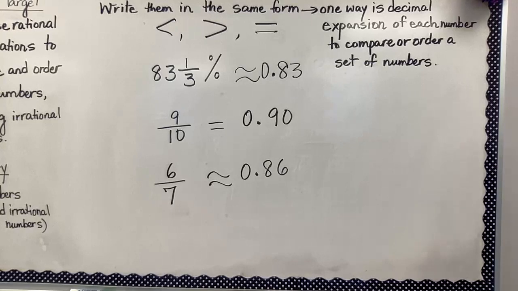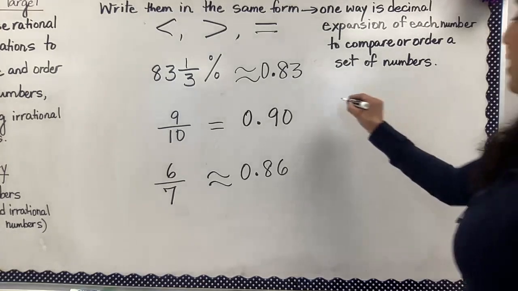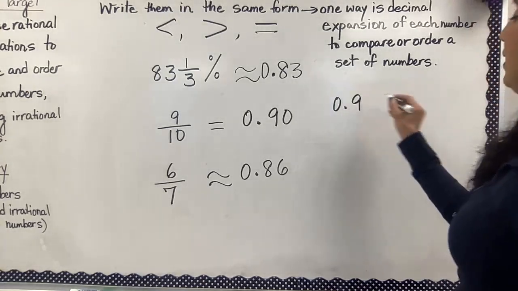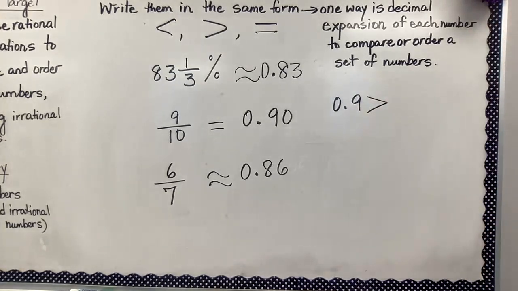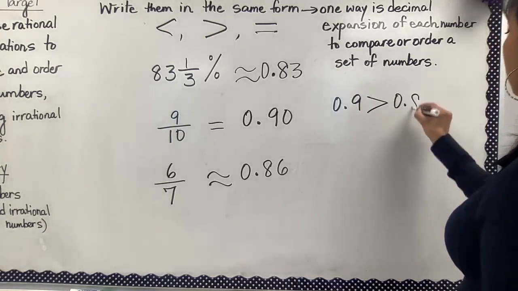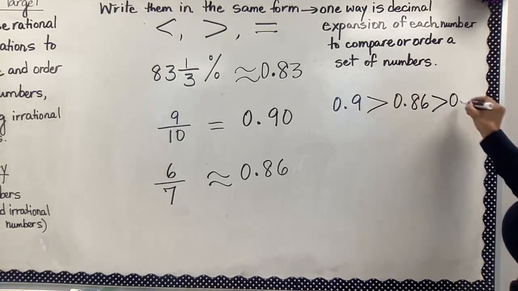Now we are going to order the decimals, because we are talking about which day has the greatest chance. What's the greatest number here? It is this one: 90/100, which can also be written as 9/10, is greater than 0.86, which is greater than 0.83.